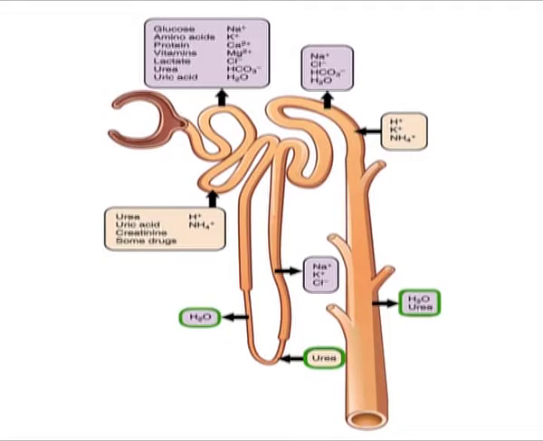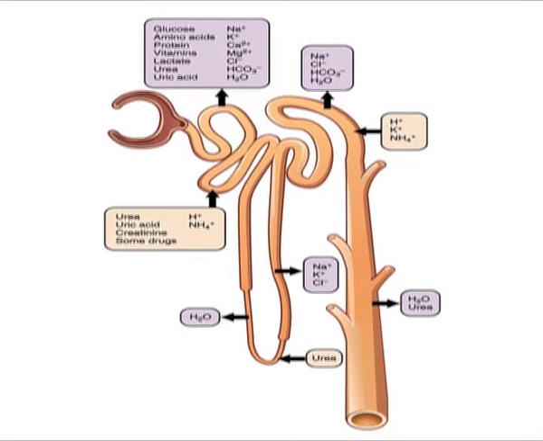As a consequence of tubular reabsorption, urine contains mostly waste materials and excess water. Water and urea are reabsorbed by passive transport, water by osmosis and urea by simple diffusion.